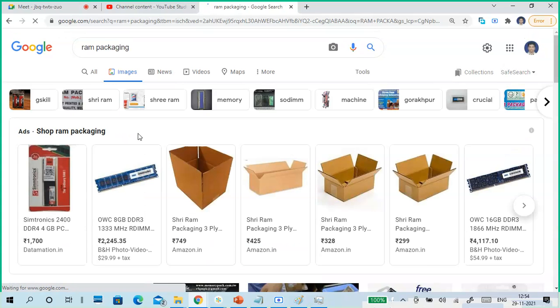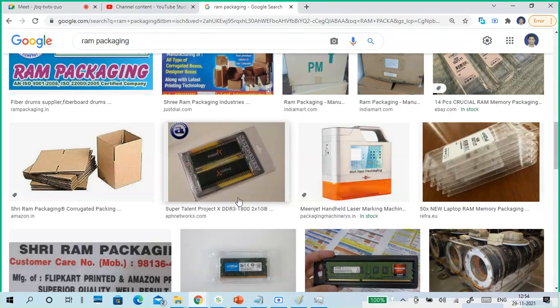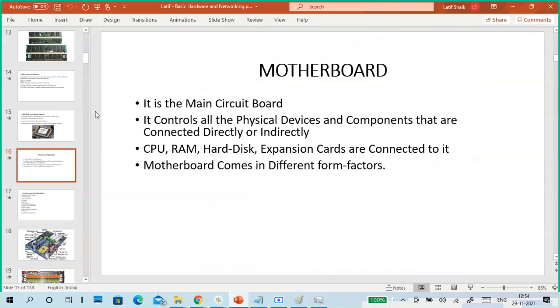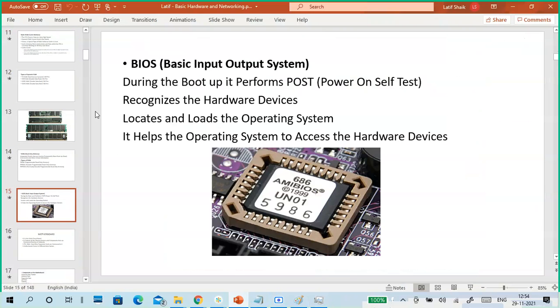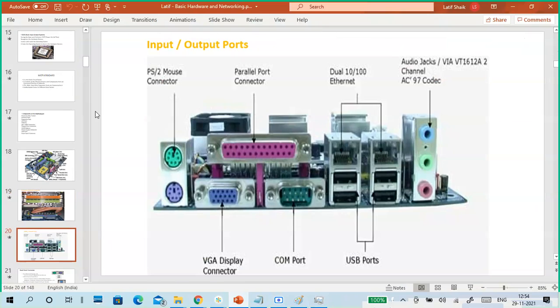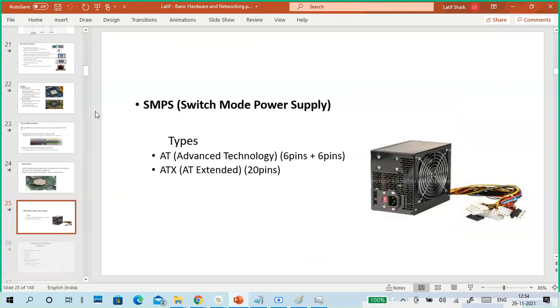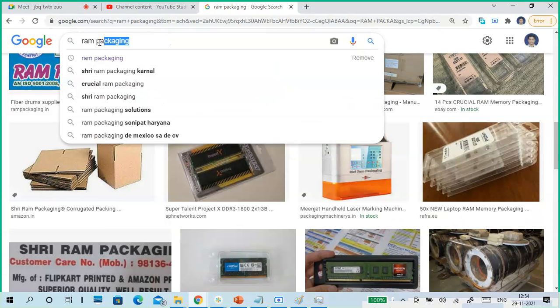Okay, it is showing this packaging. I will show in my PPT only. I think I lost those pictures. No problem.